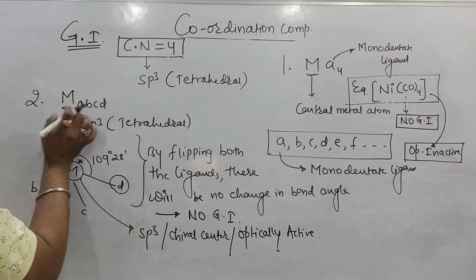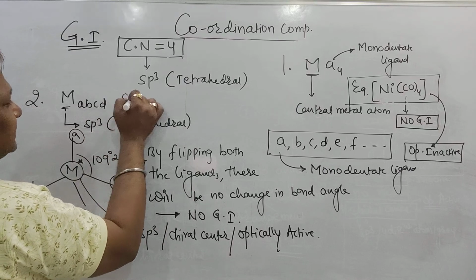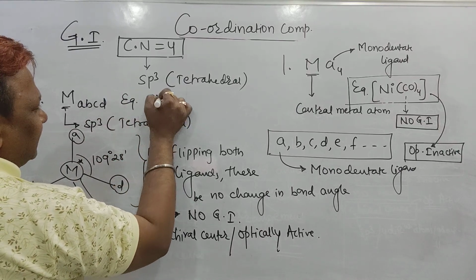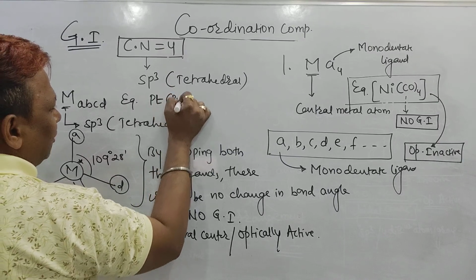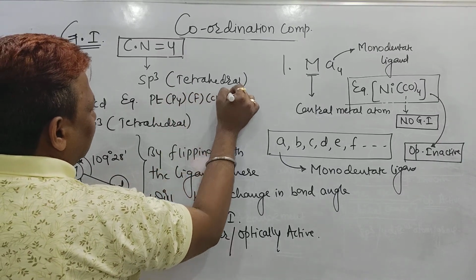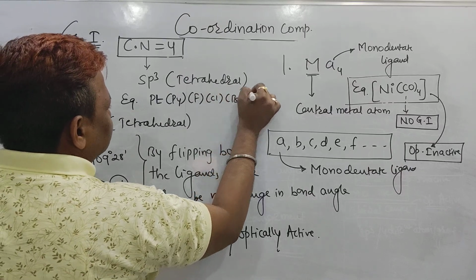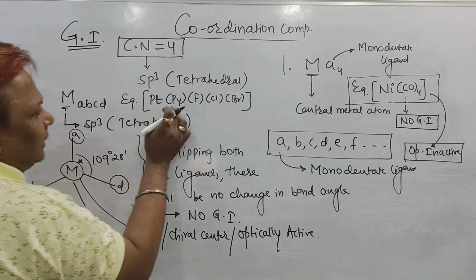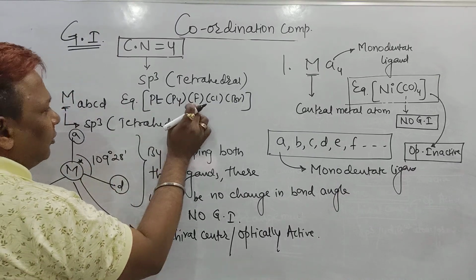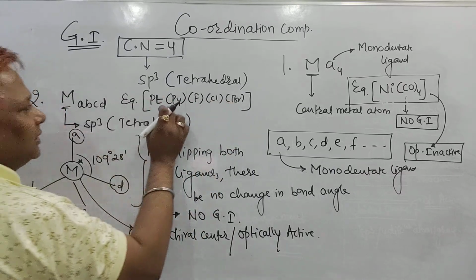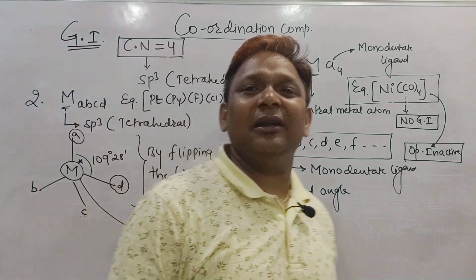But in the exam they won't give MABCD. In the exam they will give an example in this way. Pt, platinum, is the central metal atom surrounded by pyridine, then fluorine, then chlorine and then bromine. See, these are the complexes. Platinum means central metal atom M, pyridine A, fluorine B, chlorine C, bromine D. They all are monodentate ligands.